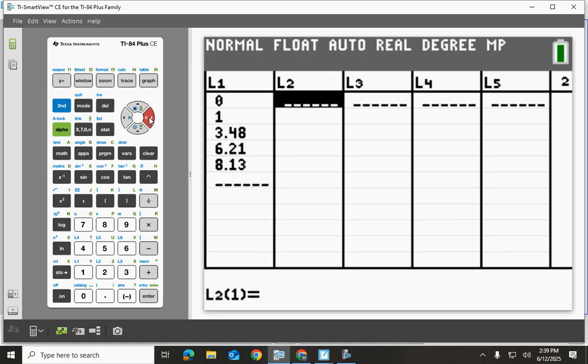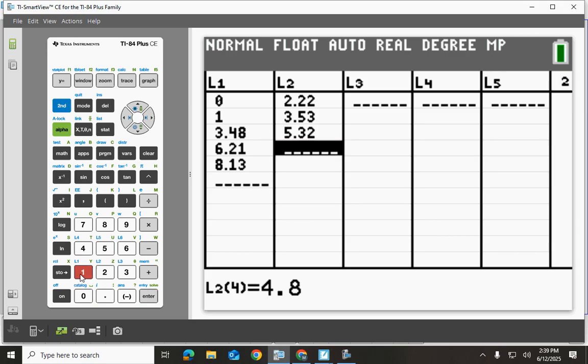Now let's do the Y's: 2.22, 3.53, 5.32, 4.81, and 3.05.